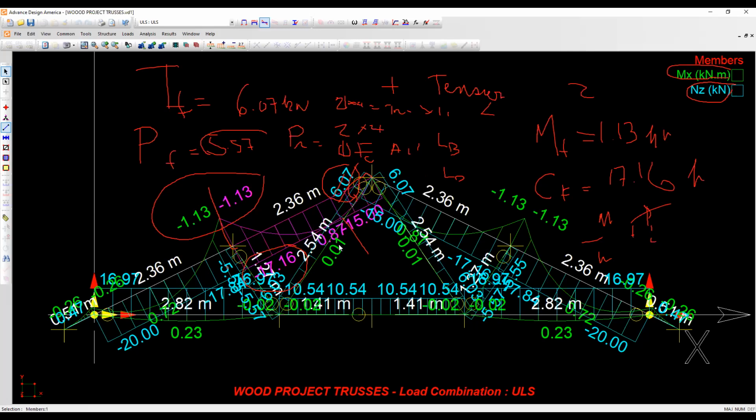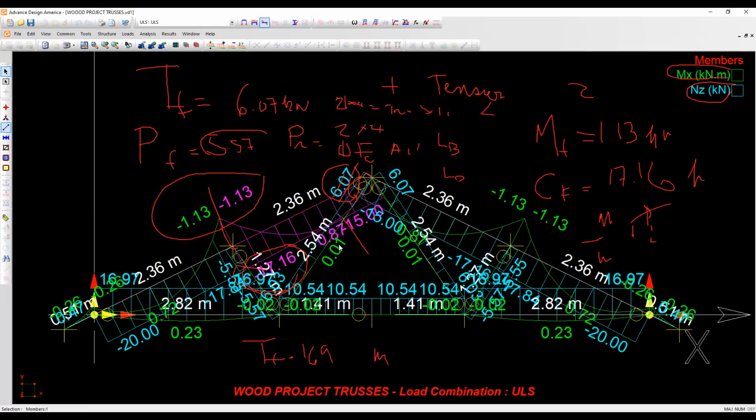The bottom chord, well, I'm looking at here. Here's the highest tension, which is 16.97 right here. So therefore, my TF value is 16.97. And my MF value, I can't really read it because it's so messy in there.